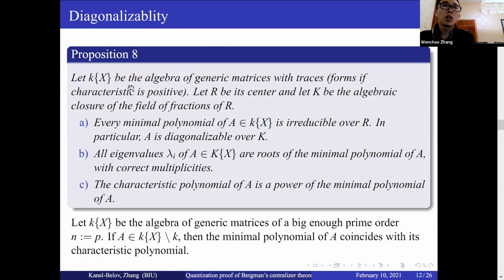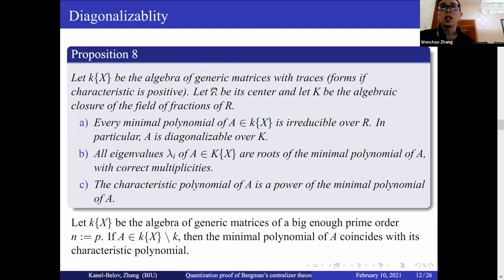What's more, we can prove some properties of the algebra of generic matrices. Let K[X] be the algebra of generic matrices with traces.